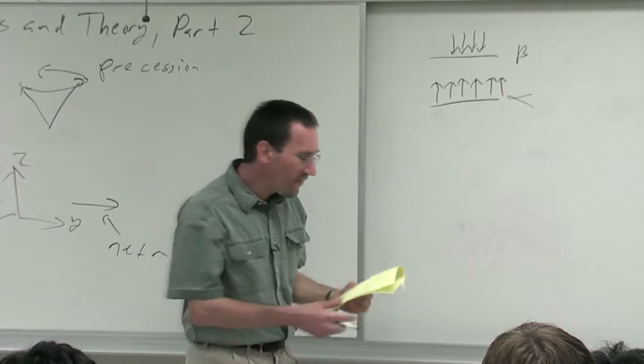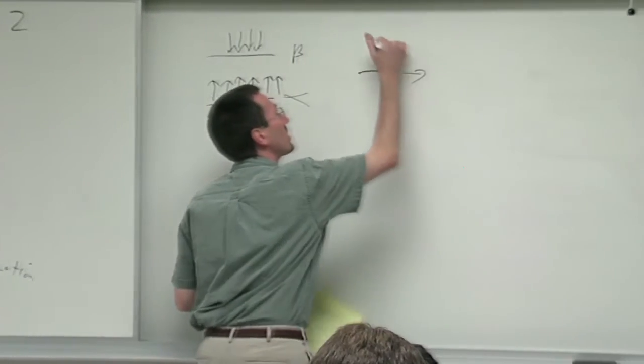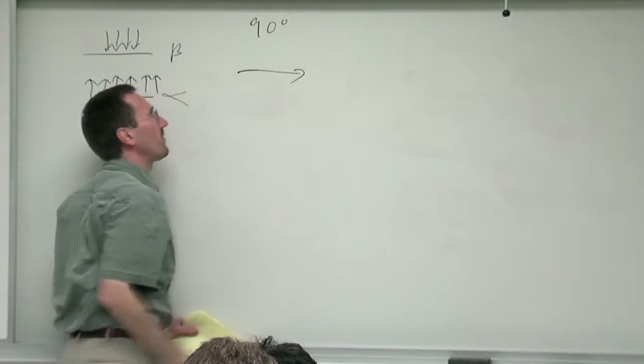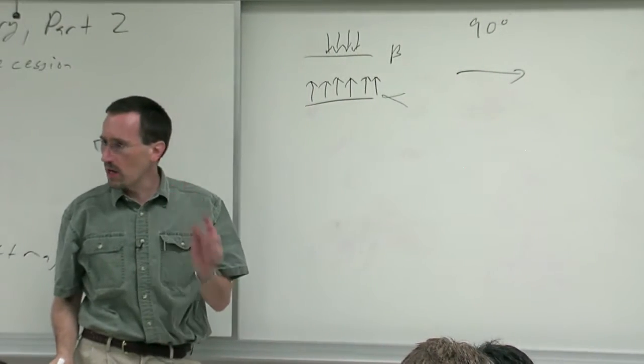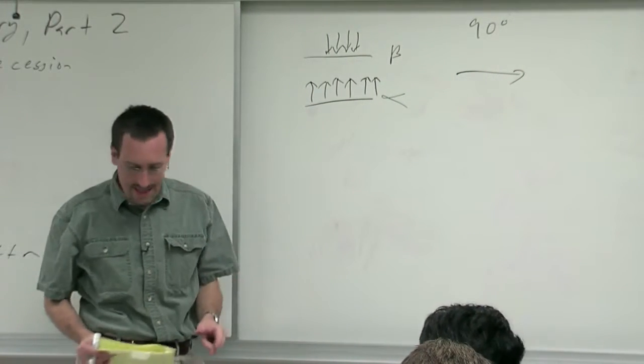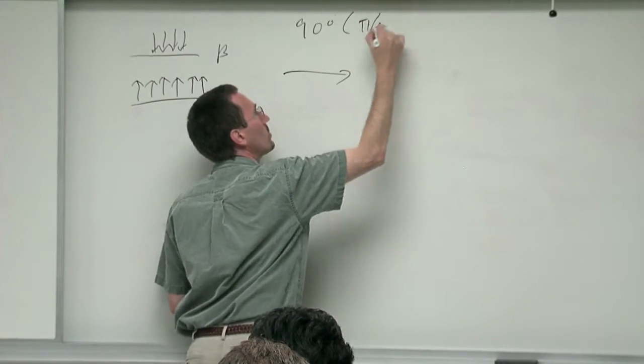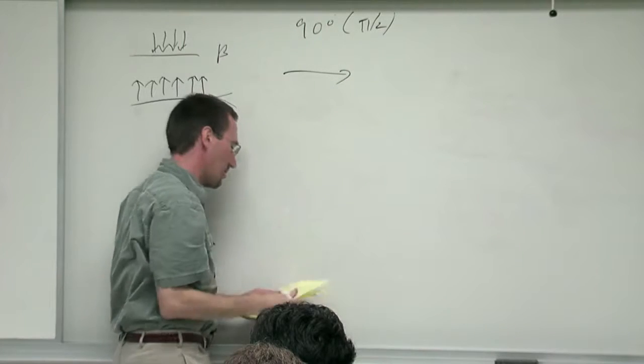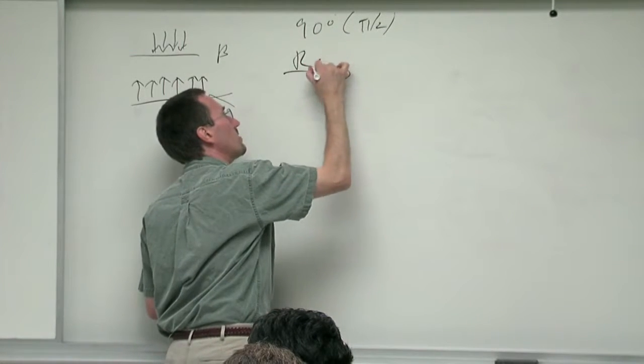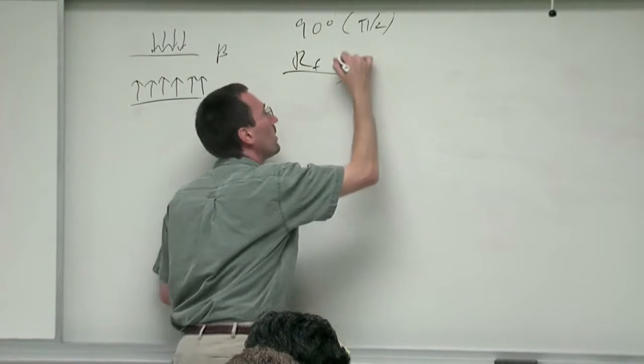All right, so if we apply an RF pulse, and now I'm going to be a little bit specific, if we apply a pulse long enough that is what's called a 90-degree RF pulse, or a pi over 2, that's just radians and degrees, your choice, and they get used interchangeably.